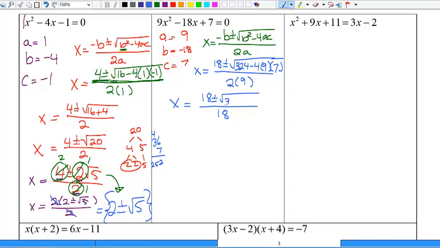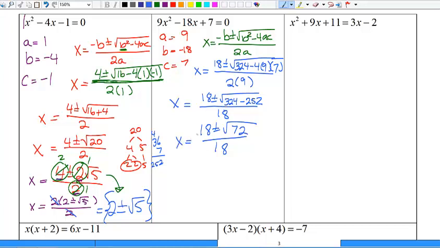Okay, so I have 324 minus, because there's one negative, times 2 more positive, that's still a negative, 252. So 324 minus 252 is 72. And now I've done the arithmetic under the radical.